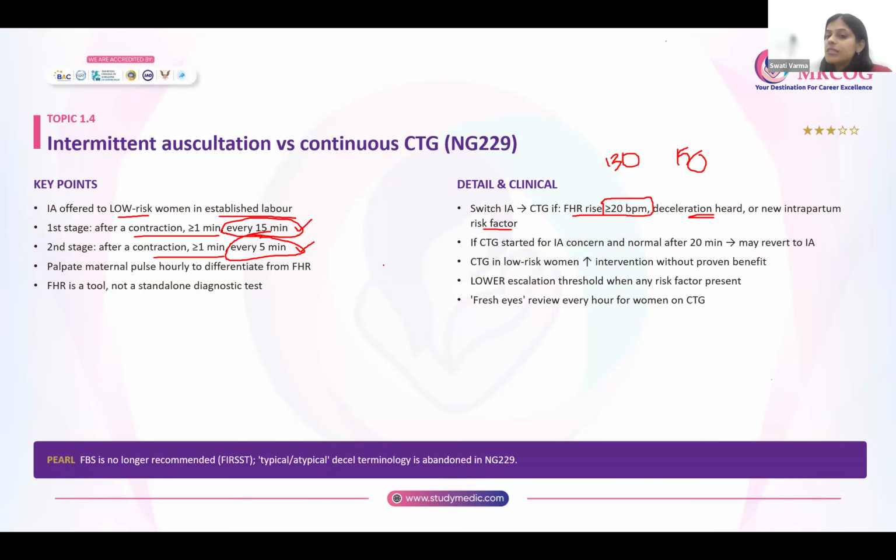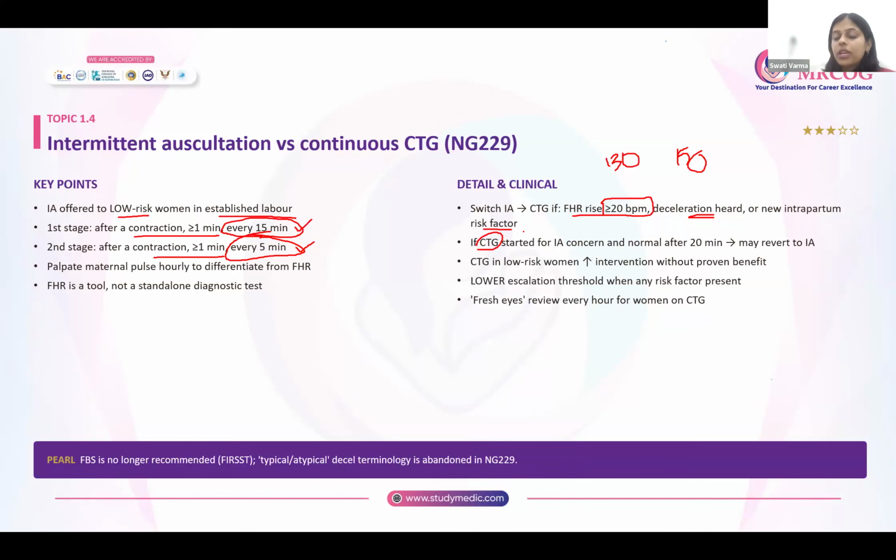If concerns are confirmed, the lady should be shifted to the obstetric unit. And if CTG is started for an intermittent auscultation concern, she should be shifted to the obstetric-led unit and started on continuous CTG.